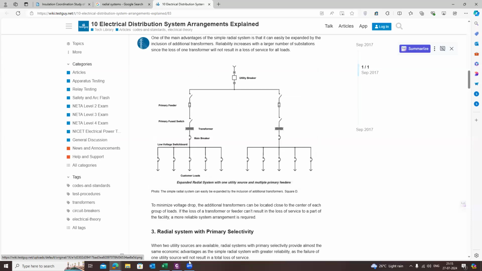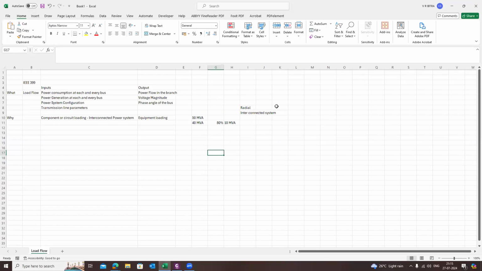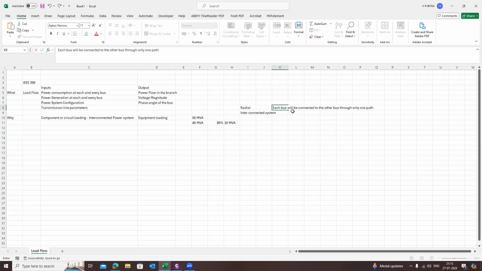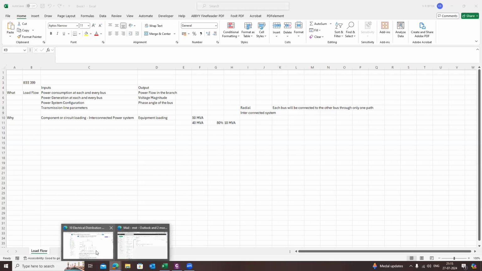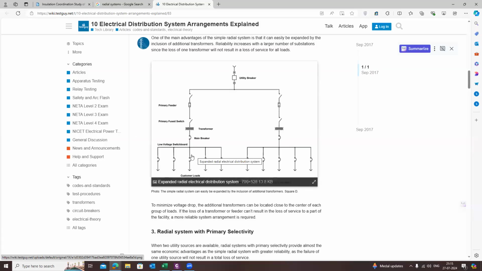In a radial system, each bus will be connected to the other bus through only one path, right? Because if you take this image here, from this bus to this bus, there is only one path available. So that's why we call it a radial system. If there is only one path available between two different buses in the system, then that system is called the radial system.